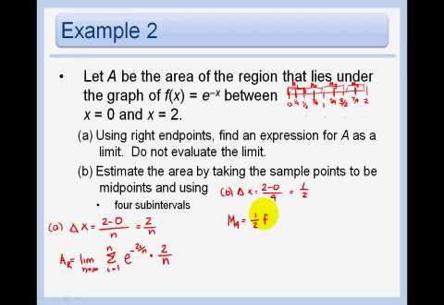And the height is f of 1/4, because that's where my first midpoint is. Then the width of my second one, it's 1/2. And where am I? I'm at 3/4. Keep going.